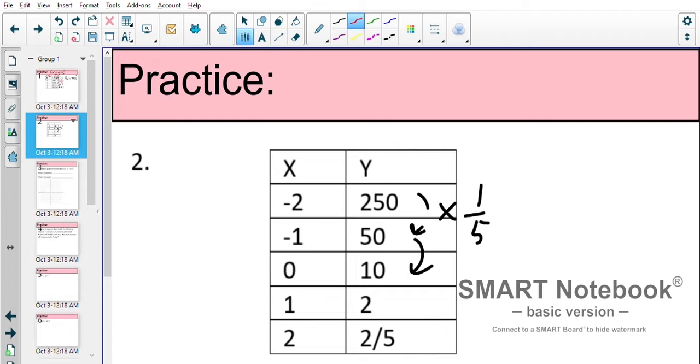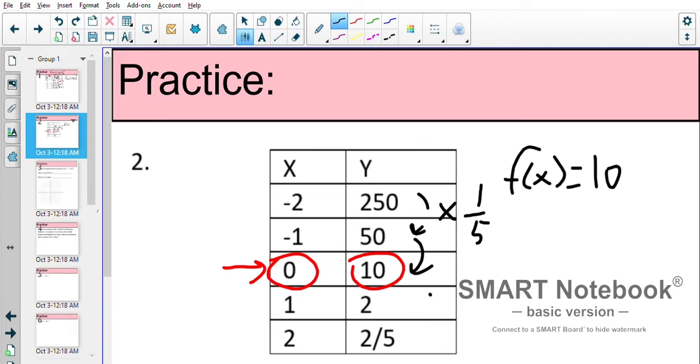We just need to spot that the y-intercept happens to be in the middle of our table here. We can see that from the 0 right there that we have our y-intercept. So we get f of x equals 10, which is our y-intercept right there. And our pattern is multiplying by 1/5. So we get 10 times 1/5 to the power of x. And there's our second equation.